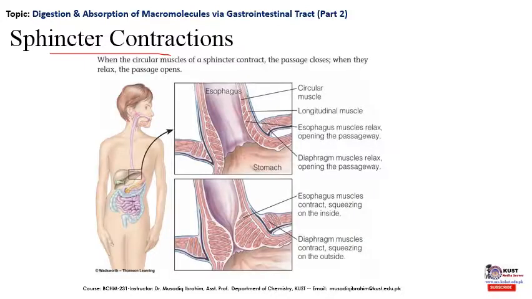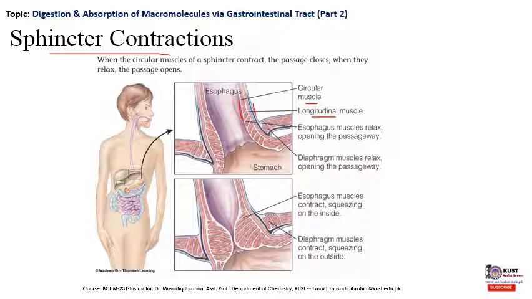The second one is the sphincter contractions, which also help in the process of digestion. In this figure you can see the circular muscles, which are present on the inner side of the wall of the esophagus, and the longitudinal muscles, which are present on the outer side of the wall of the esophagus.